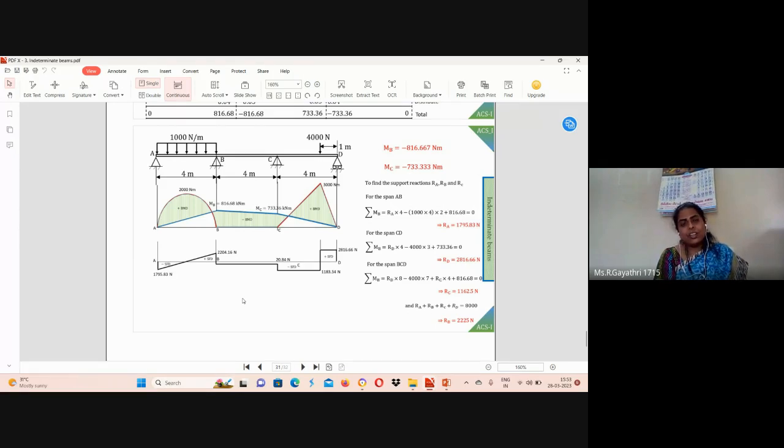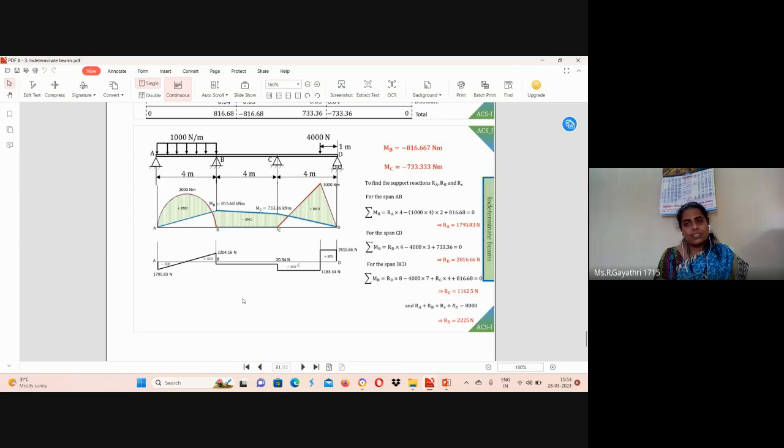RA into 4 minus 1000 into 4 into 4 by 2 plus MB value. Okay, we can get RA value, RD value. Next we can consider BCD together. Two unknown forces RB, RC.